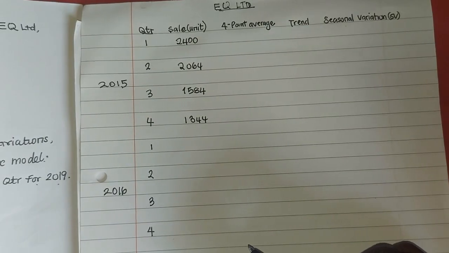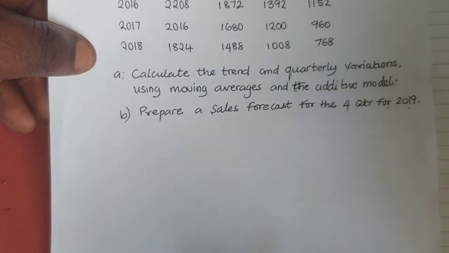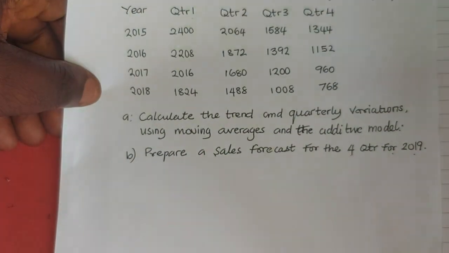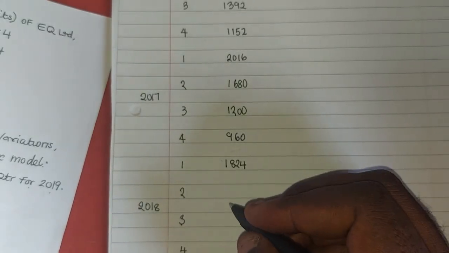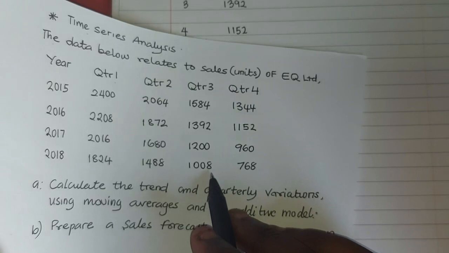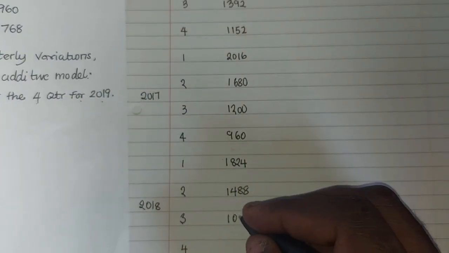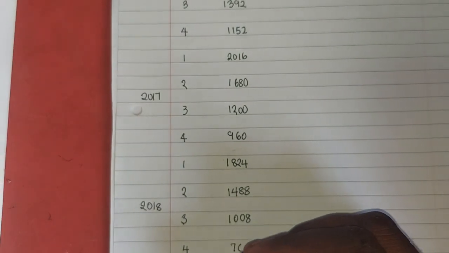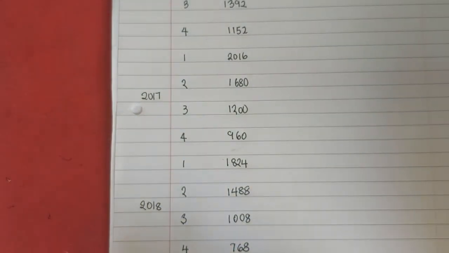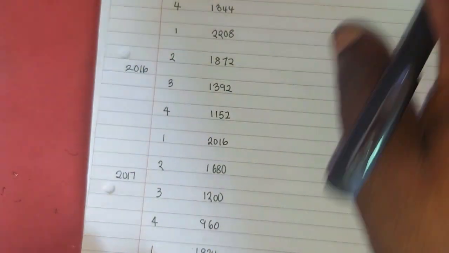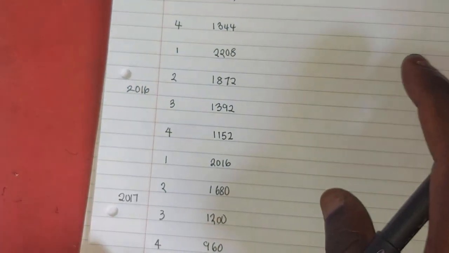And for 2018, then you repeat this also. 1488, 1008. So we have 1008, and lastly 768.